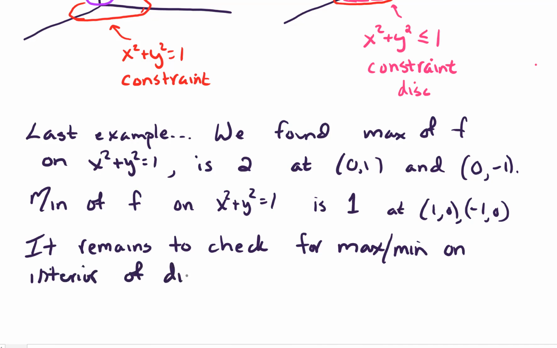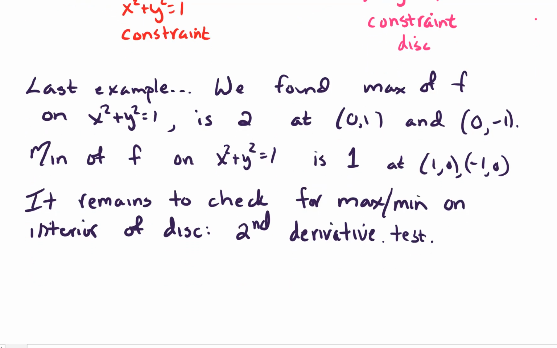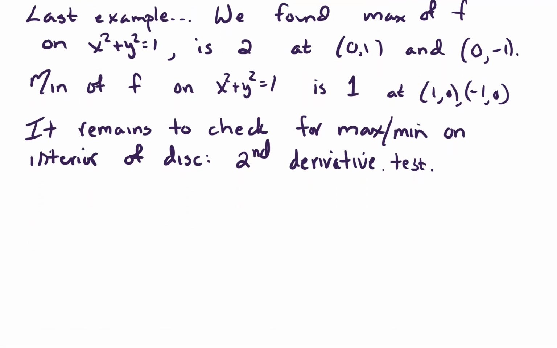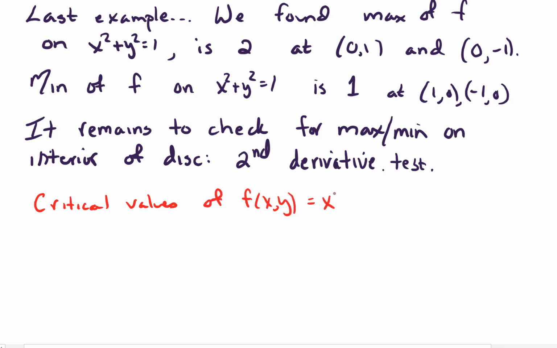And for this, we just need to do our second derivative test. This is like a max-min problem from a previous section in our textbook. Okay, so let's go ahead and do our second derivative test. For the second derivative test, the first thing we need to do is find the critical values of f. And remember, f is our function x squared plus 2y squared.